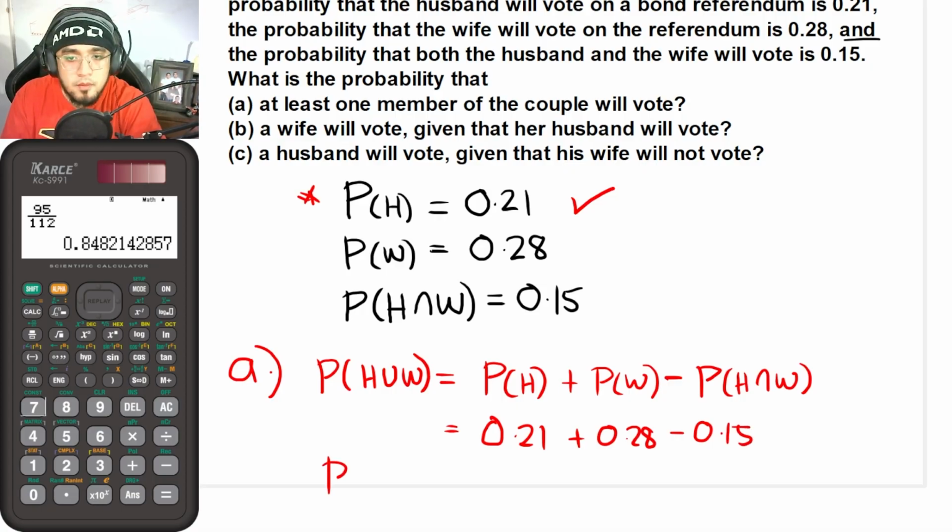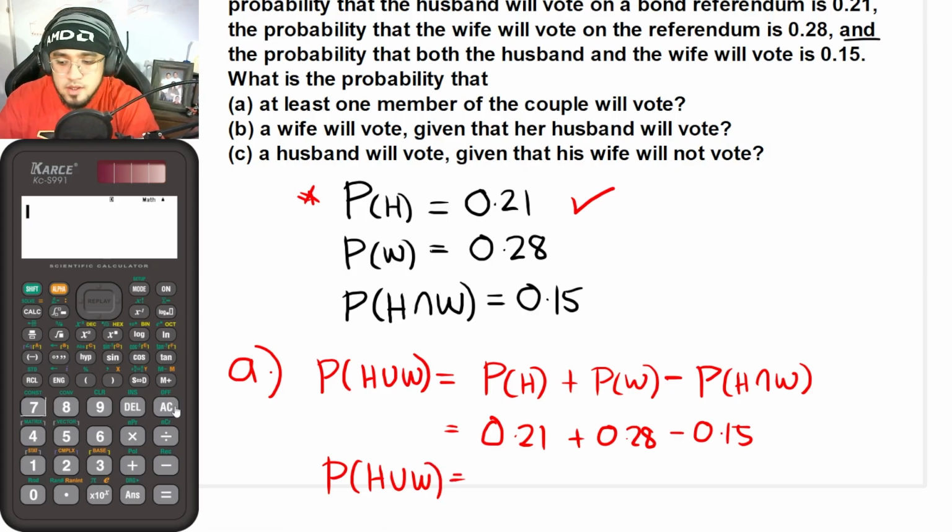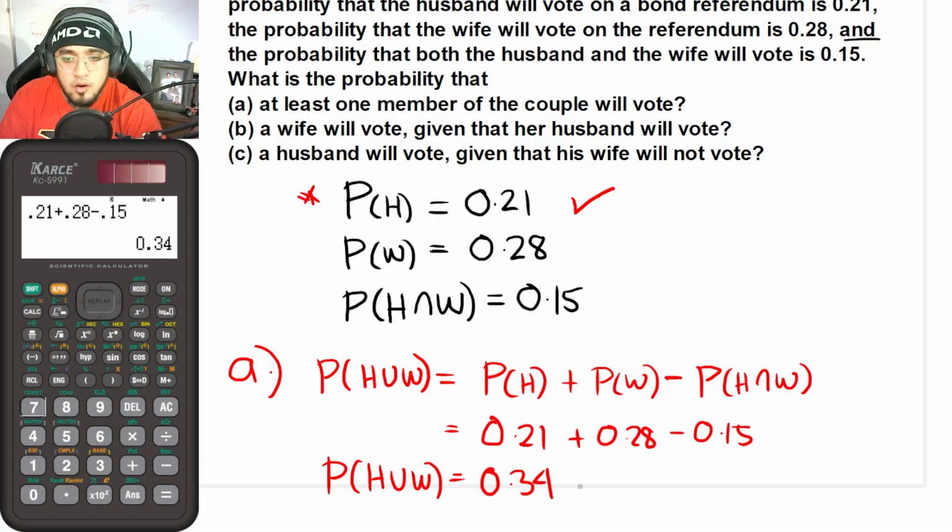So the probability of the union of husband and wife is 0.21 plus 0.28 minus 0.15. Our answer here is 0.34 or 34%.